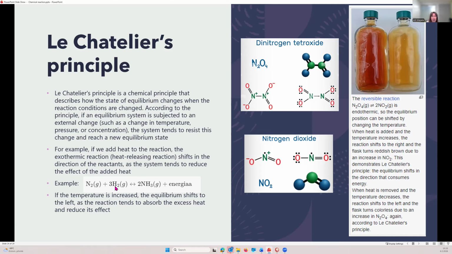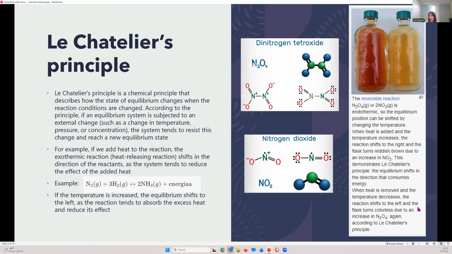So to get more products, you should cool it down. It tries to reduce the effect of the added heat if it already produces heat and you add heat. So it wants to absorb the excess heat and reduce its effect.